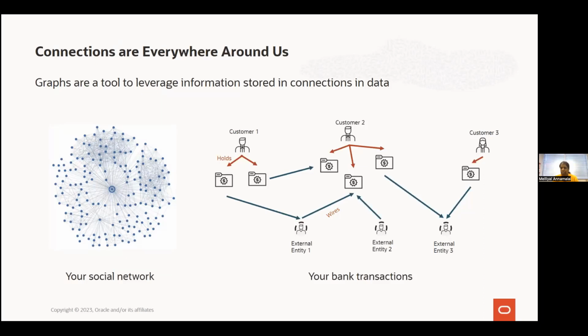And then maybe less tangible or implicit connections, such as in bank transactions. Let's say my friend and I go out for lunch, and then I use a payment app to transfer money from my account to my friend's account. That is a connection between our bank accounts. It's more implicit. It's not a physical connection, but it is a connection nevertheless, because there was a transaction between our bank accounts.